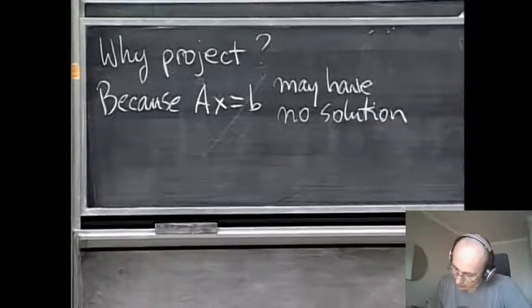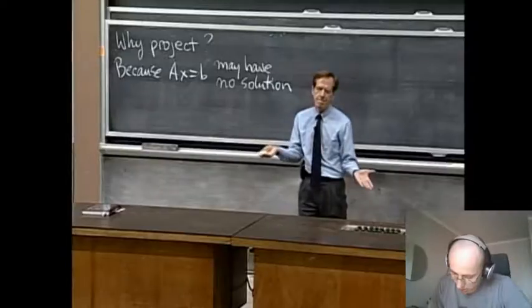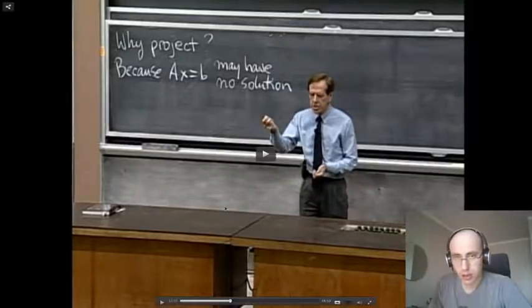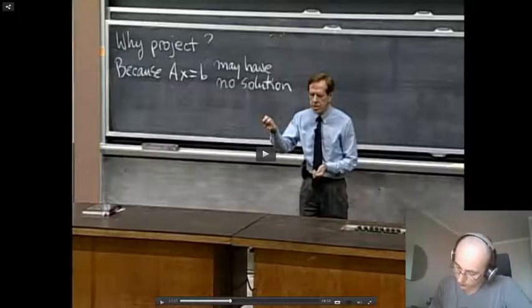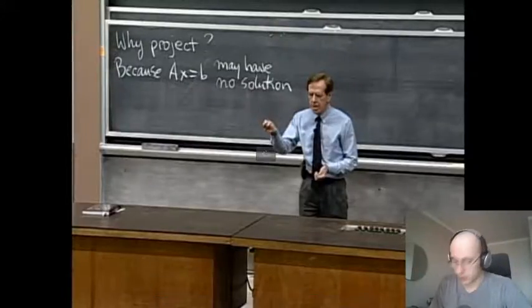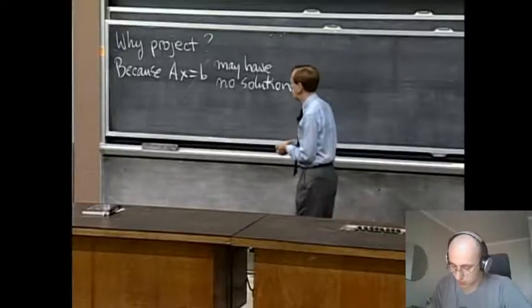So I change B. Basically, we are projecting B onto the column space of A, finding the closest vector in the column space.